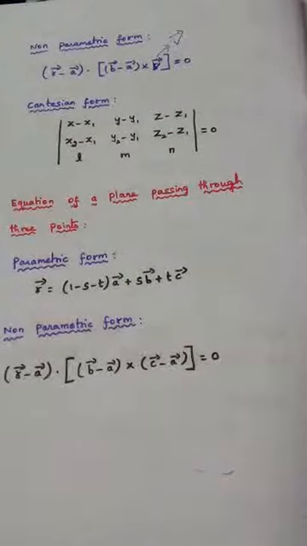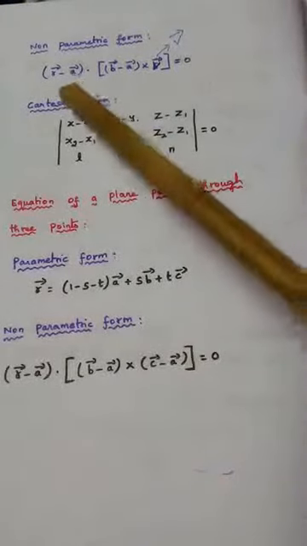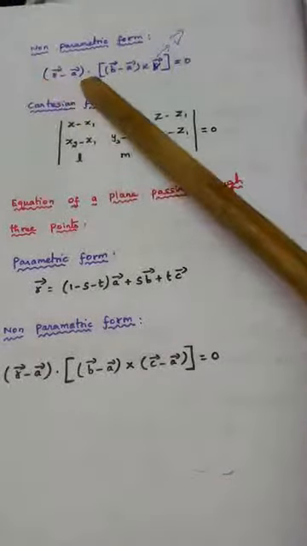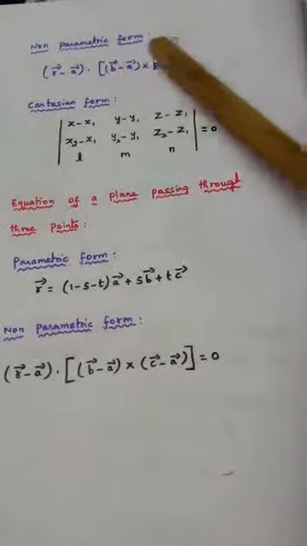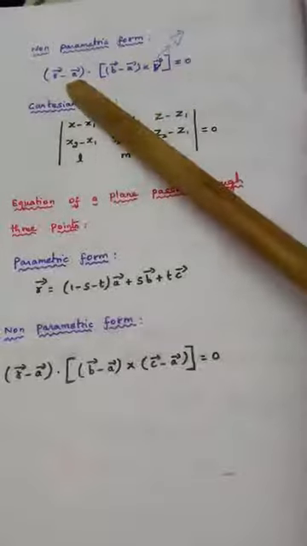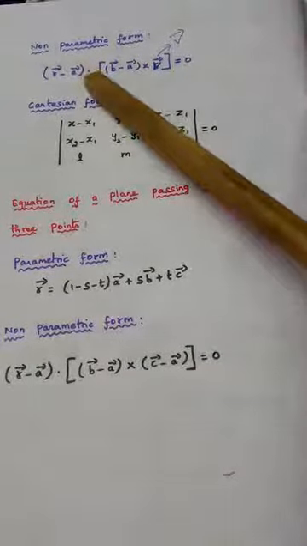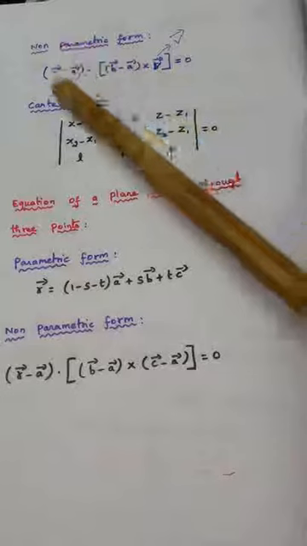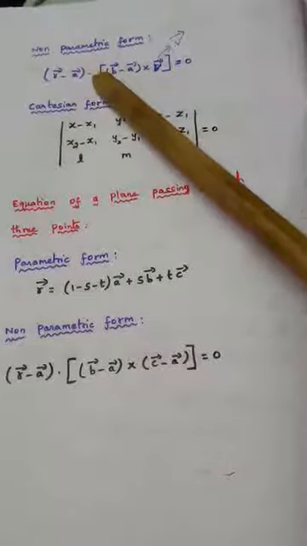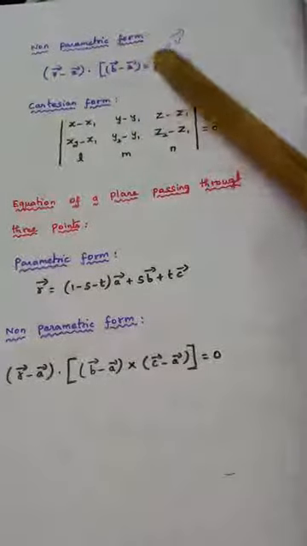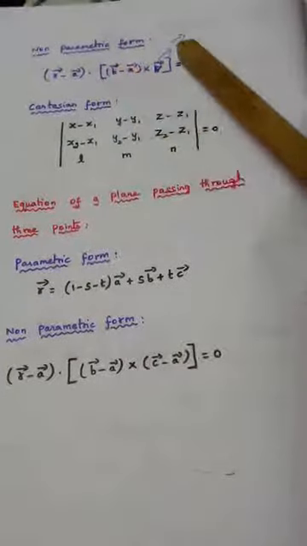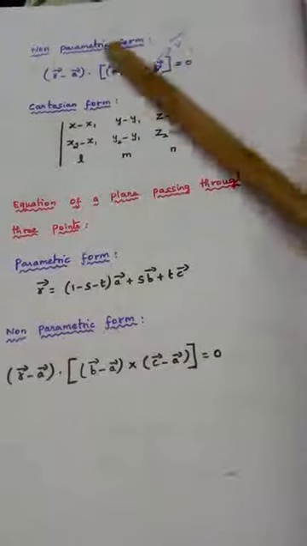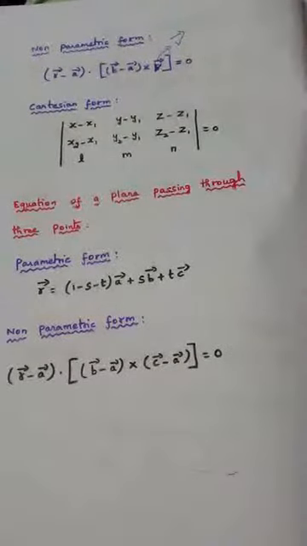So the formula is: r vector minus a vector dot b vector minus a vector cross v vector. If you see, no constants are involved; no constants will come in non-parametric form. So (r minus a) dot (b minus a) cross v equals 0, where a and b are the first and second points and v is the parallel vector. So this is the formula for non-parametric form.